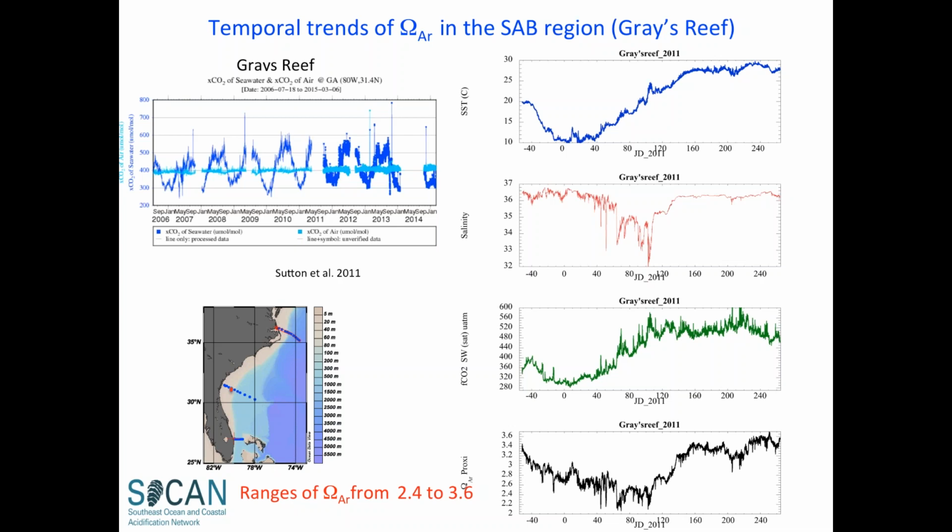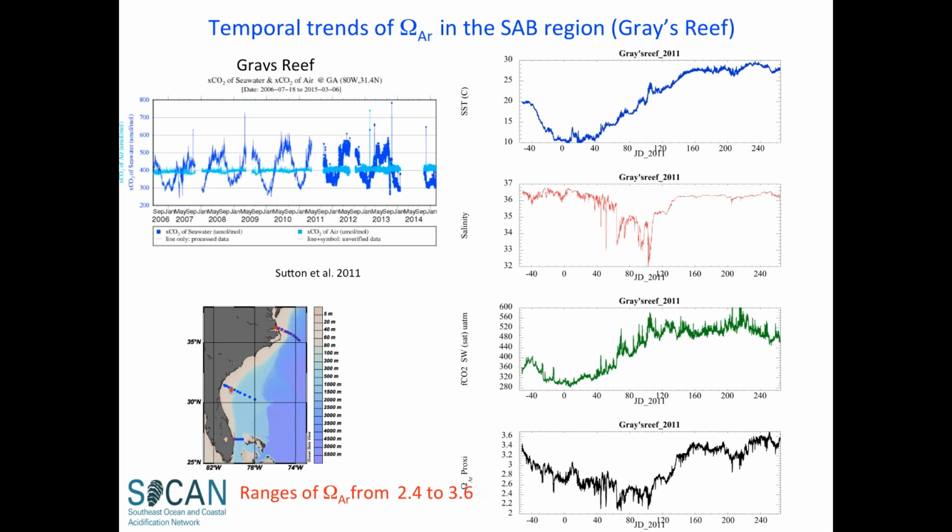The changes on the shelf range from about 2.4 to 3.6 in saturation state, which is as large as the change we see from Florida to New England, or from surface to surface. So variability of saturation states is critical. Most biota don't have a choice, and they will have to live through these big excursions. Biota do not see climatology, they see actual events.